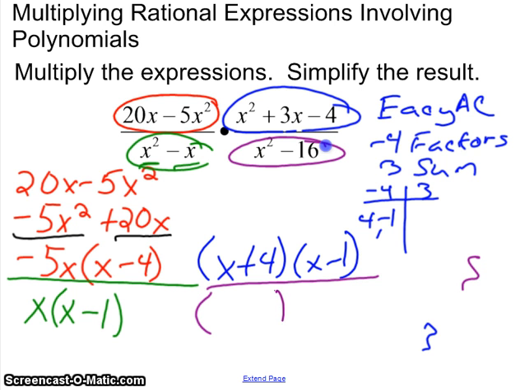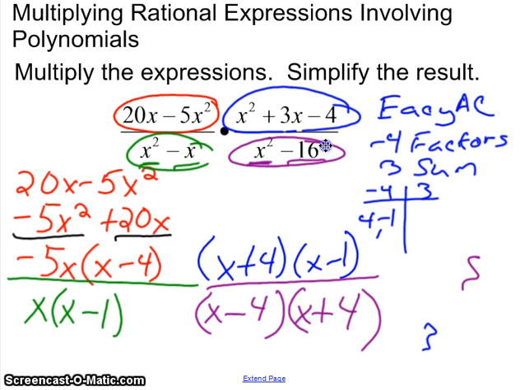The square root of x squared is x, and that's your first times first. The square root of 16 is 4, and that's your last times last. 1 minus, 1 plus.